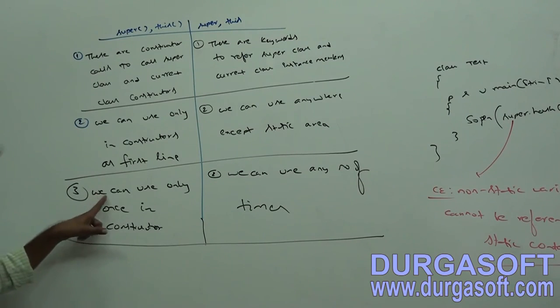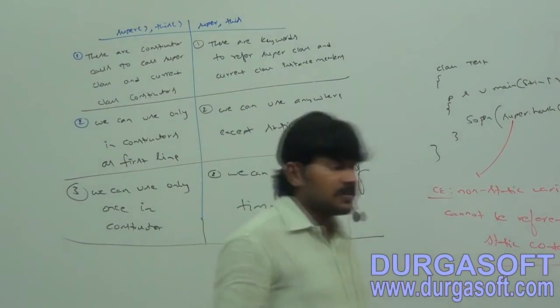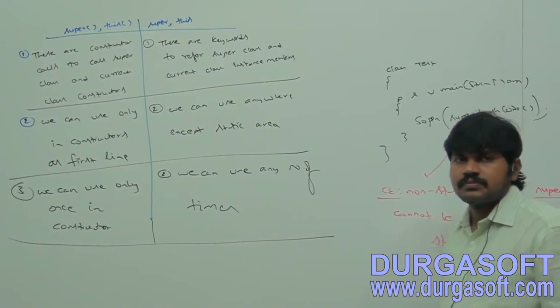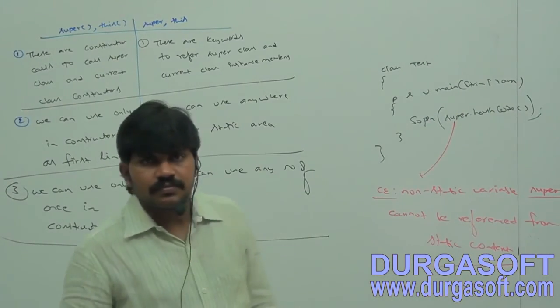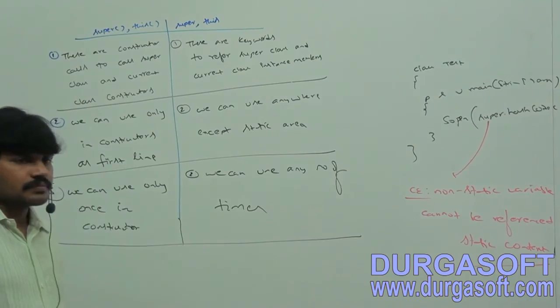Next, within a constructor, how many times can we use the constructor calls? Only once. And the keywords we can use any number of times.